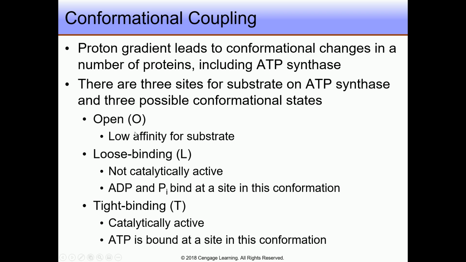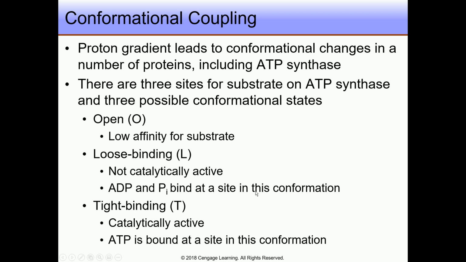Basically, there are 3 beta subunits. When the beta subunit is in the O conformation, it has low affinity for the substrate.